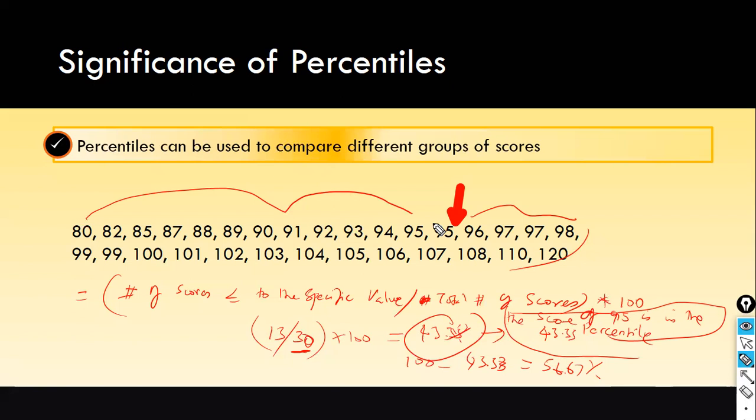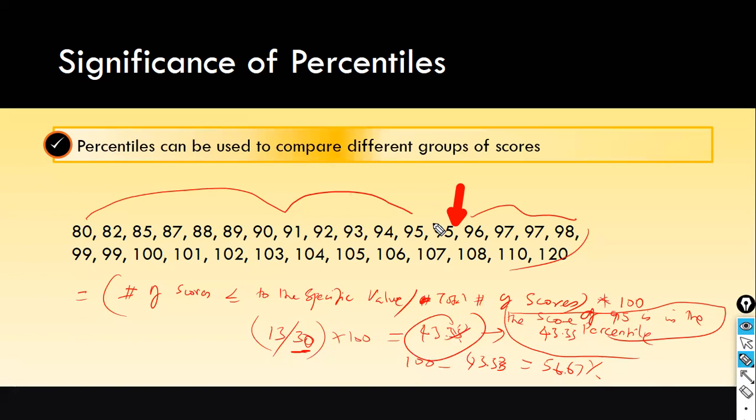And also in healthcare, housing and retail, they use percentiles. Let's say you have different salespersons and you want to understand where a specific salesperson's sale stands related to the rest of the salespersons in an office or in a group.